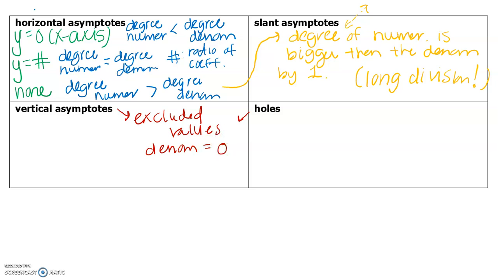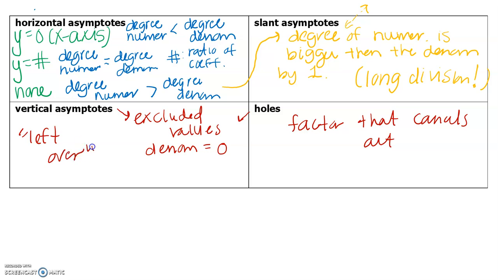The difference between a vertical asymptote and a hole is that a hole is going to be a factor that cancels out, and the vertical asymptote is going to be one that I think of as being left over in the denominator. So we're going to look at some examples next in the next video. I have 3 examples for us to look at of various types of problems.